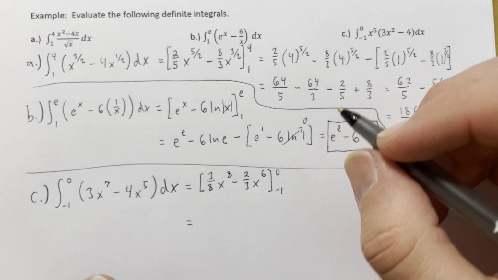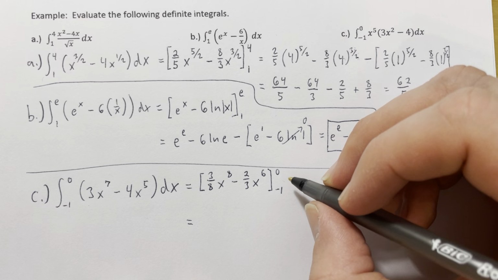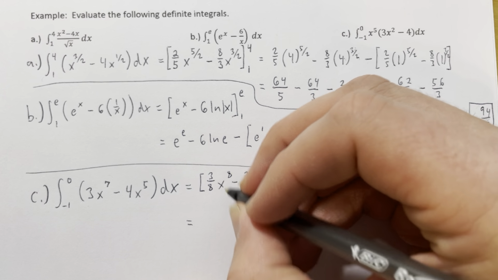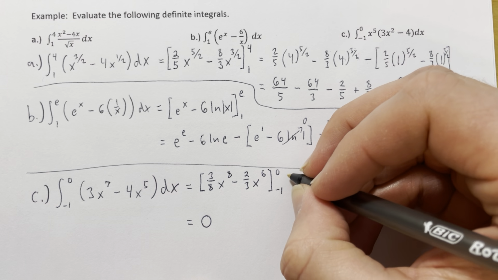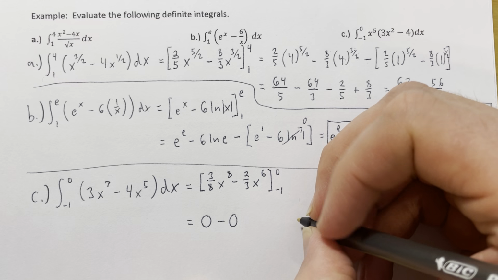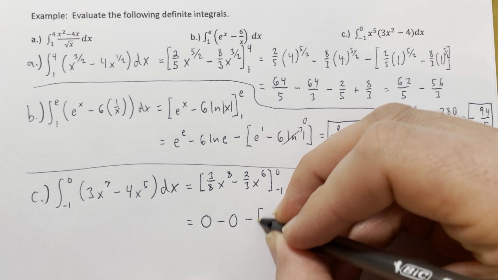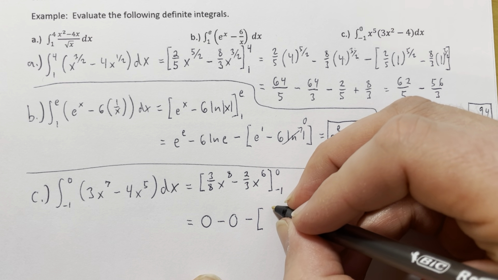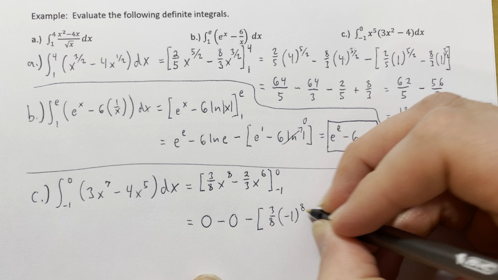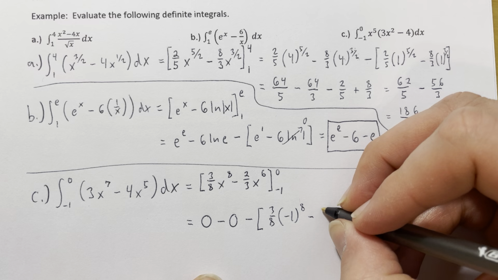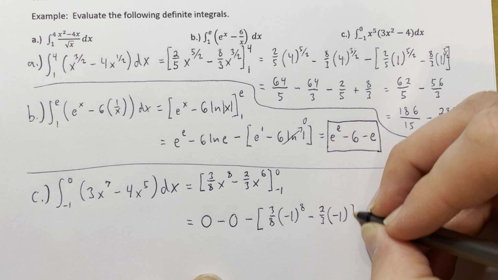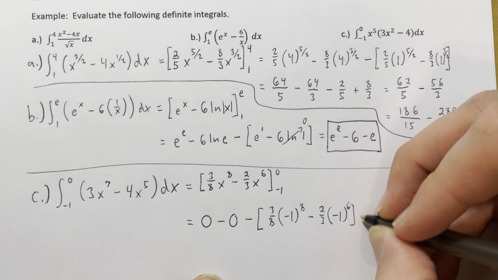Now we plug in our limits of integration. So notice here, if I plug zeros in, I'm going to get 0 times 3/8, which is just 0. I'm going to get a 0 here. -2/3 times 0 is just 0. Minus, put square brackets, 3/8 times -1 to the 8th power minus 2/3 times -1 to the 6th power.